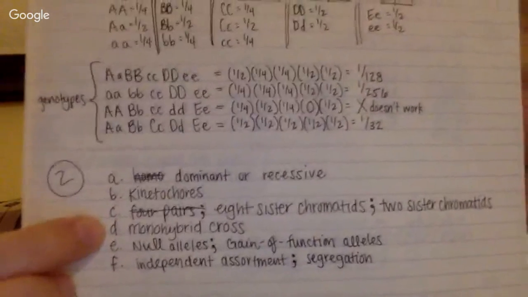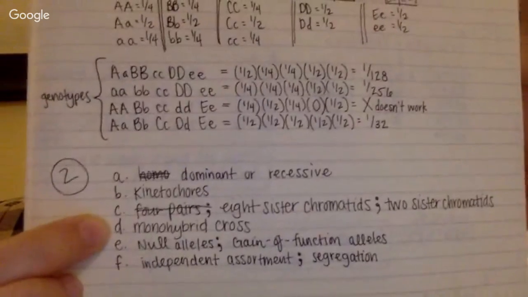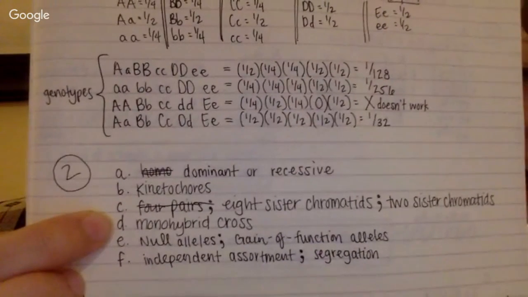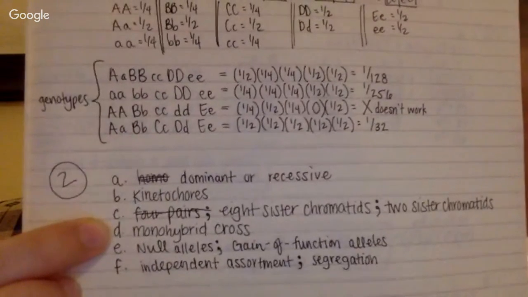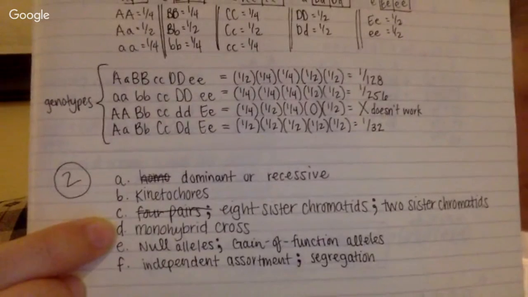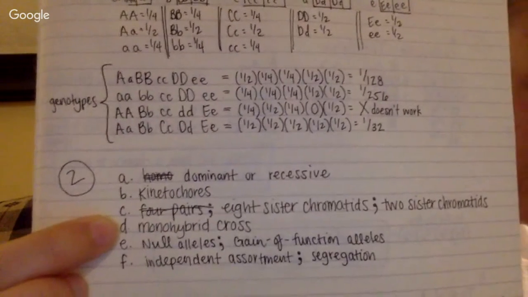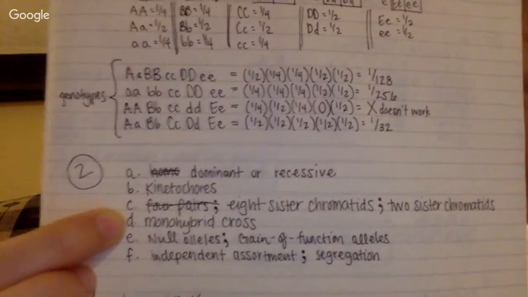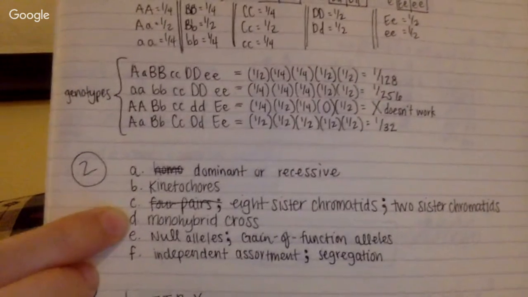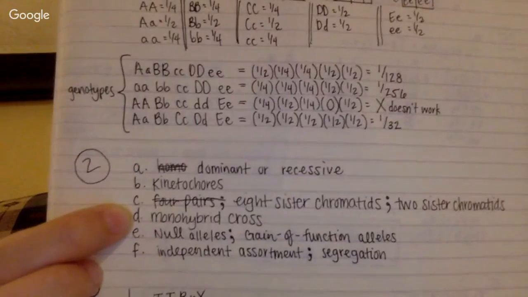An educated guess. Part D, a monohybrid cross, which is the filled in blank, is a type of genetic cross that can determine if a purple flowered pea plant has the capital P's, homozygous dominant, or heterozygous genotype.